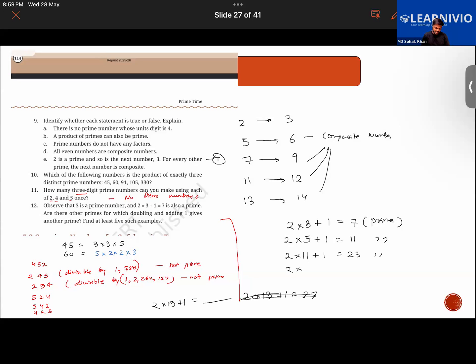Are we getting a prime number, Habib? Is 39 a prime number? No, sir.